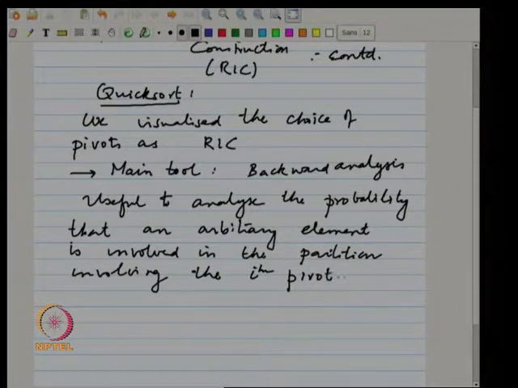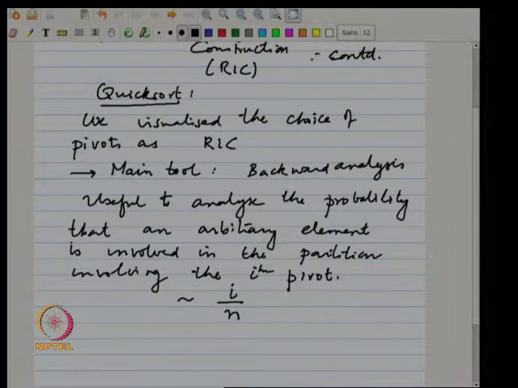This is the probability that we could capture using this analysis, and this turned out to be a very nice simple number, which was about i over n. So, for an arbitrary element, what is the probability that when we are dealing with the ith pivot, that element actually participates, that it gets partitioned by that pivot?